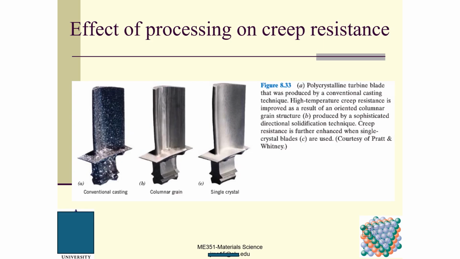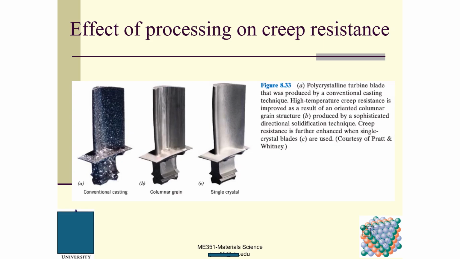These are three different specimens, and they are made differently. This one is conventional casting, where the surface roughness is high and we have columnar grains. Columnar means that the grains are column-like. This material has column-like grains.